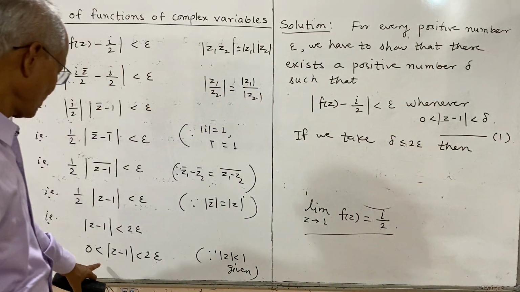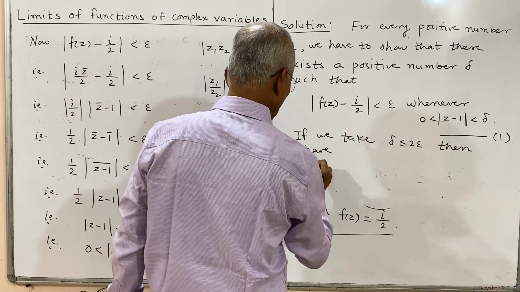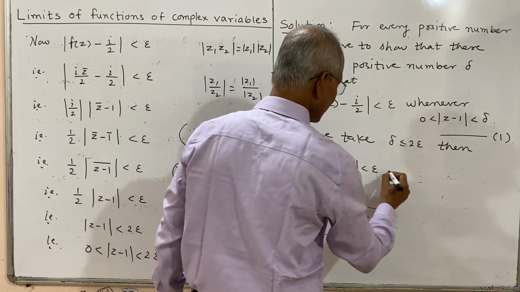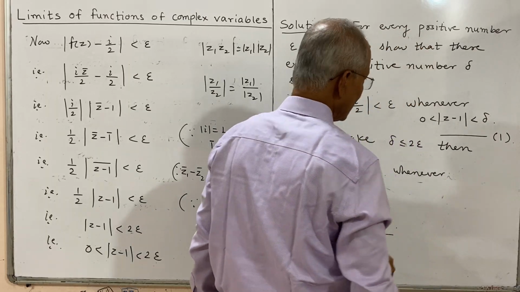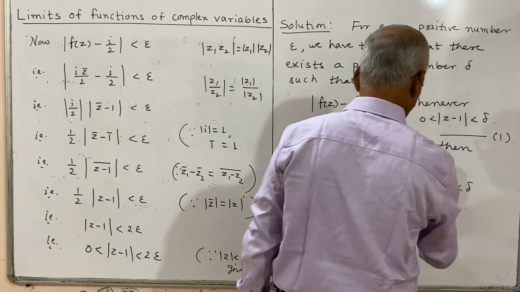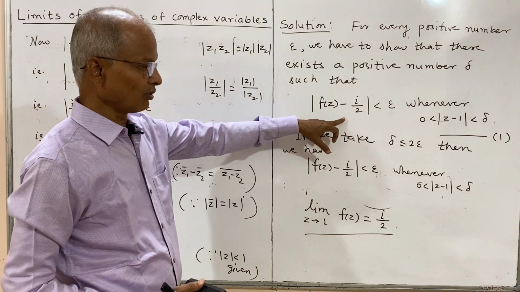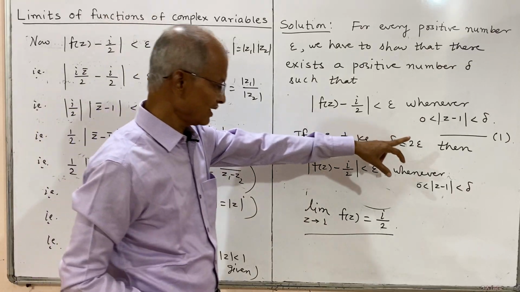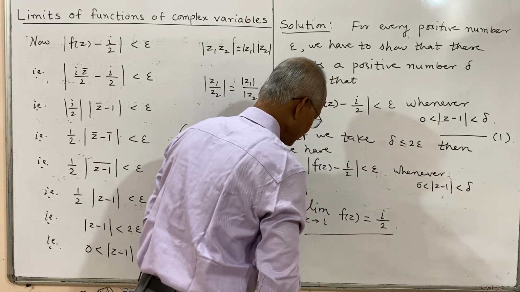Then this condition 1 holds. Then we have |f(z) − i/2| < epsilon whenever 0 < |z − 1| < delta. Delta is 2 epsilon, and thus this shows that statement 1 holds, and if statement 1 holds, we can say the limit of f of z as z approaches 1 is equal to i/2.